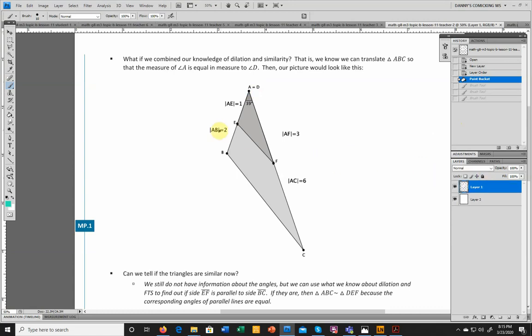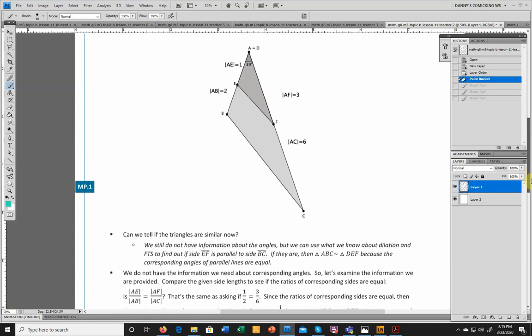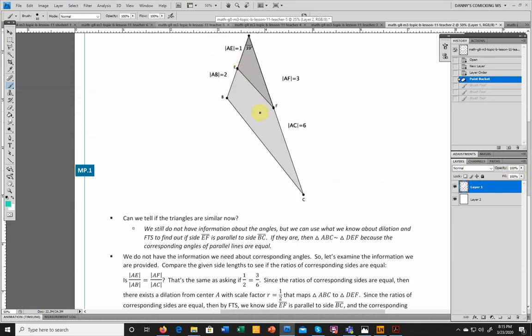So, you can see that A and D are equal, but E and F aren't, right? Well, if you dilated this triangle, then they would be similar. They would be the same. You could dilate this and make it match.